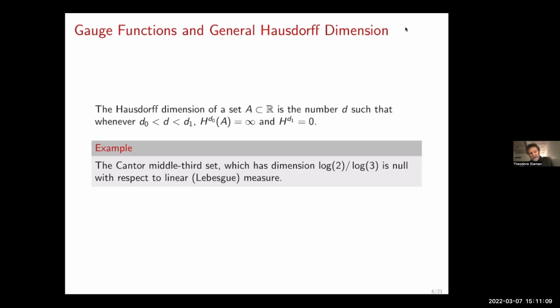So the Hausdorff dimension is the number where these measures transition from infinity to 0.